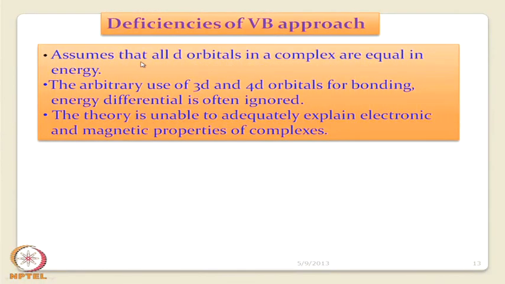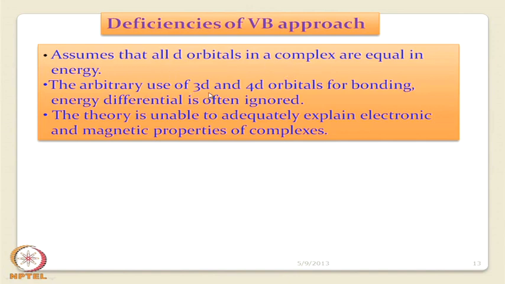Valence bond theory considers all the d orbitals in a complex to be equal in energy, but that is not true. Depending upon the stereochemistry, the d orbitals face the ligands differently, because some of them are along the Cartesian axes and some are in between, so they cannot all have equal energy.